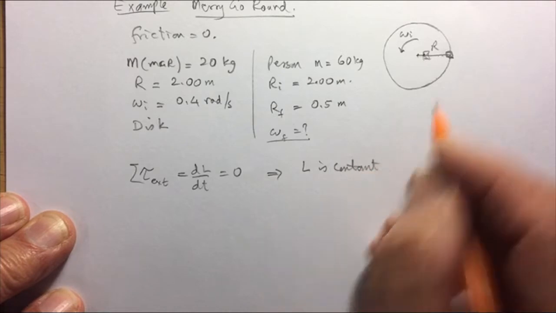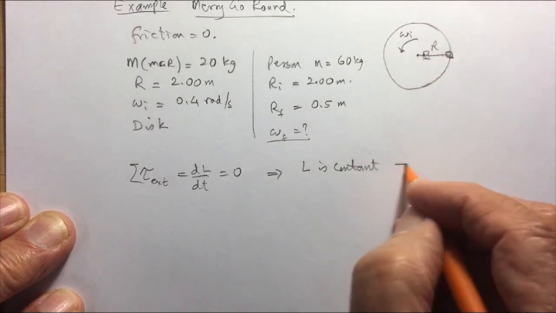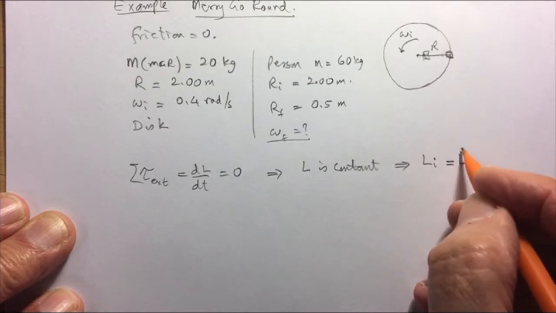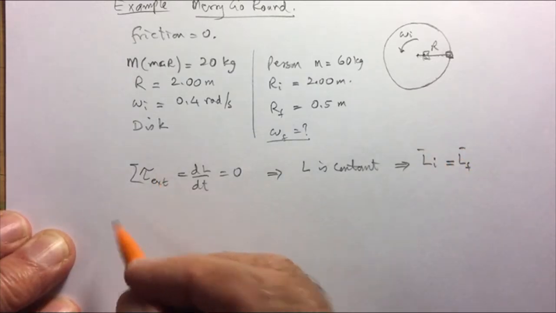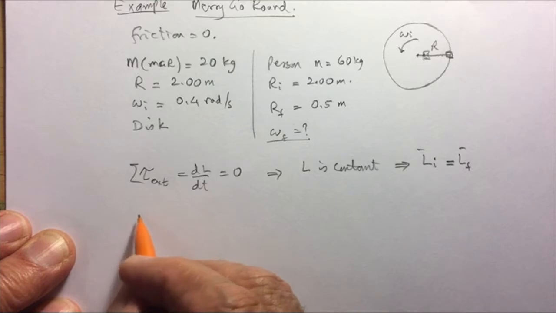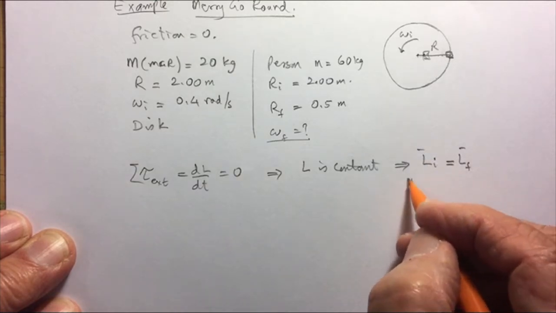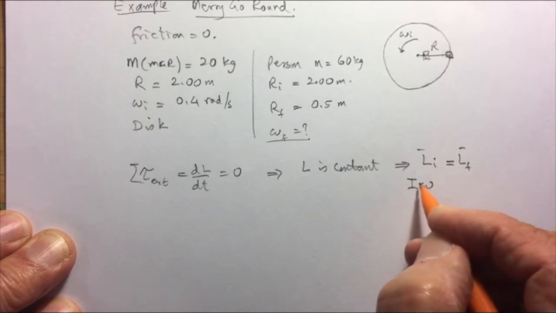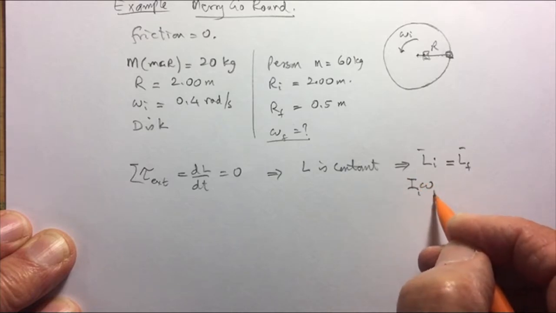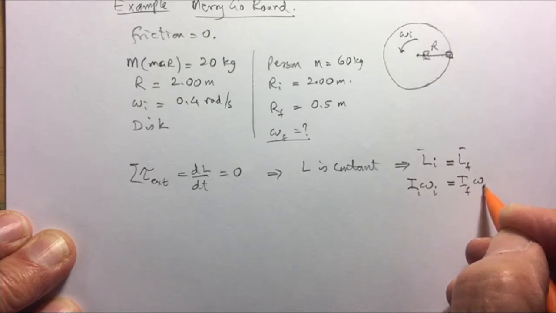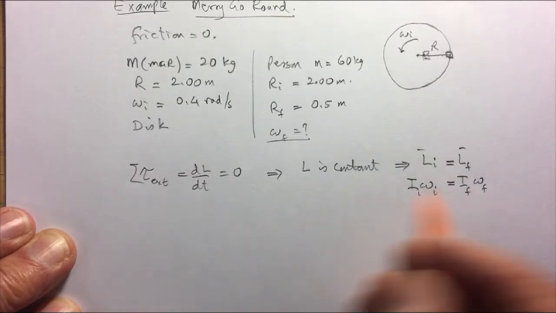So the angular momentum of the system will remain constant, which means that the initial angular momentum is equal to the final angular momentum. So let's write the initial angular momentum, which is going to be I initial omega initial, and this will be I final omega final.